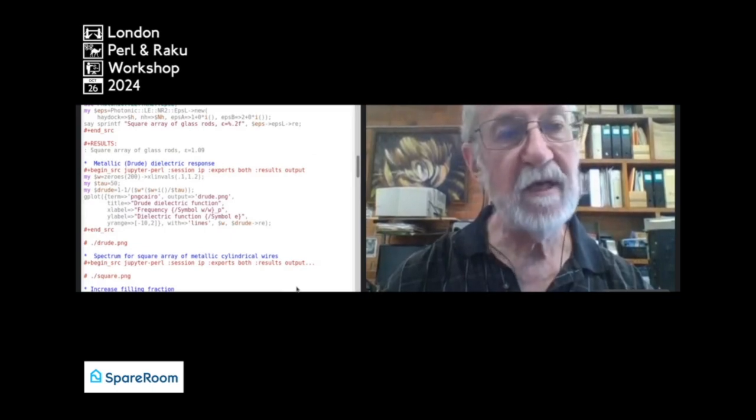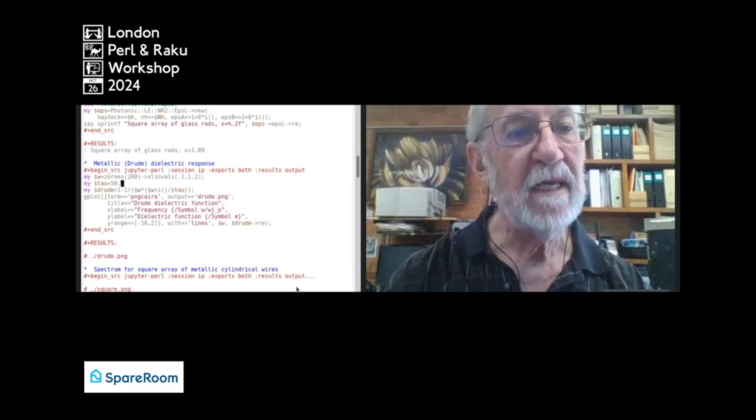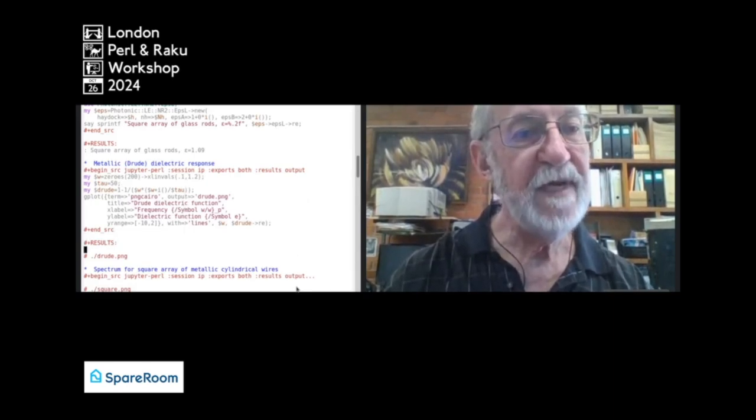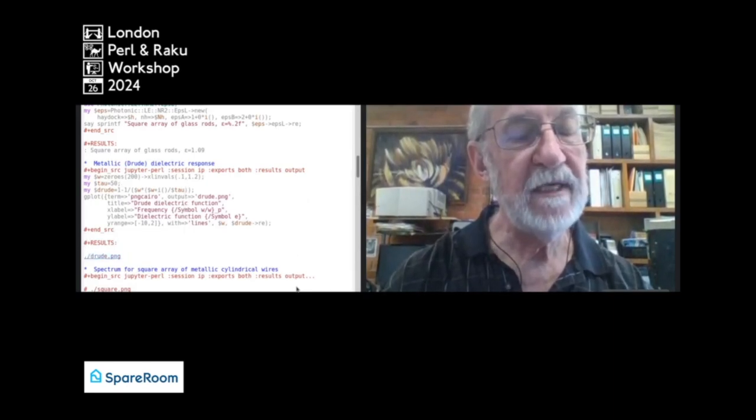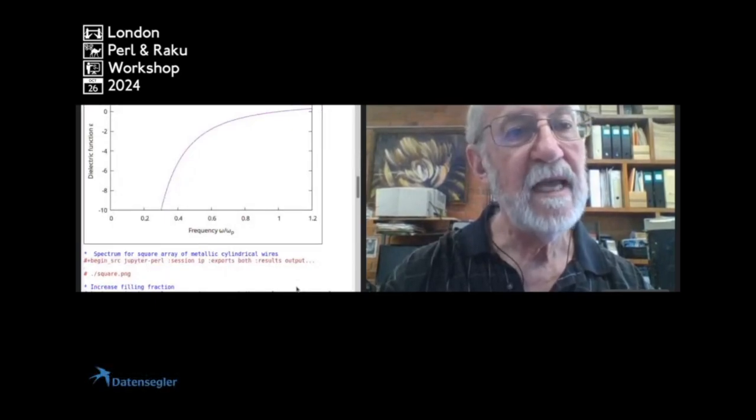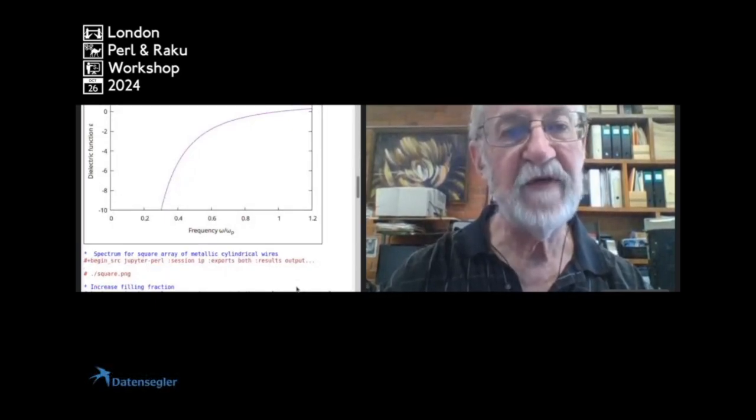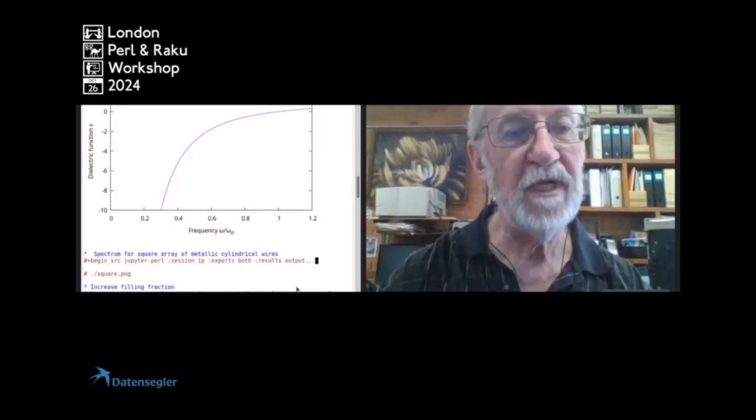But I can do this also to get spectra. So let me show you a spectrum. So now I calculated the dielectric function of a metal within the Drude model.